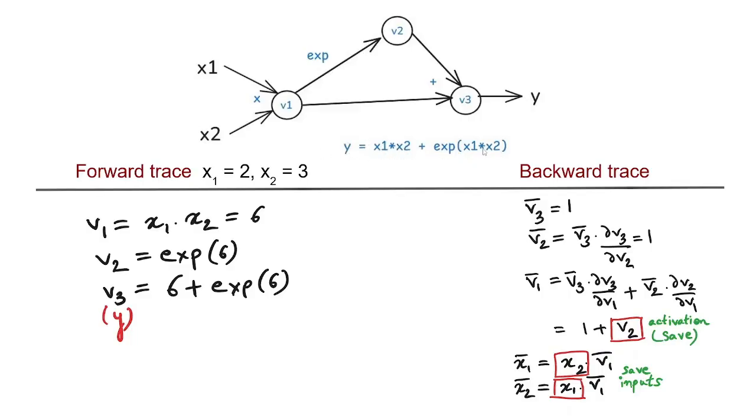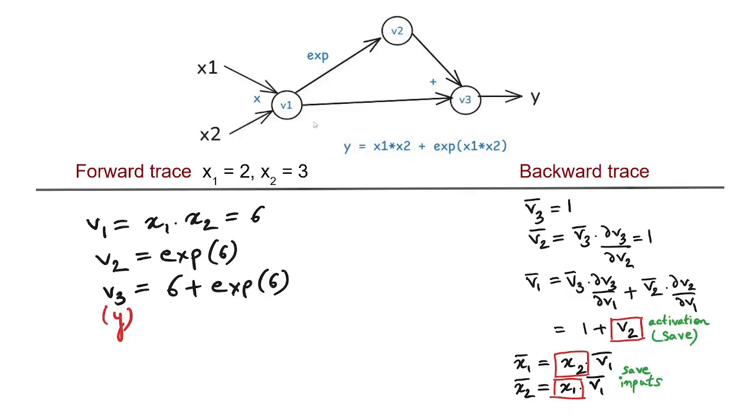I can represent this computation by means of this computational graph, where I first multiply x1 and x2 to obtain an intermediate quantity called v1. Now, on v1, on the one hand, I apply exponent, and on the other hand, it's just an identity multiplied by 1. And finally, I add these things up together to obtain y, my output.